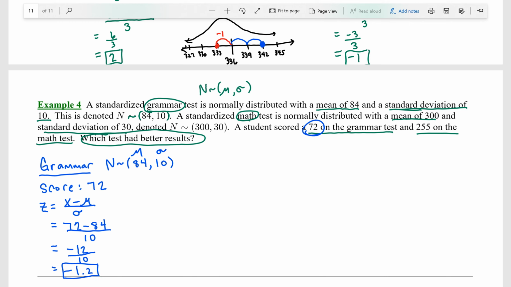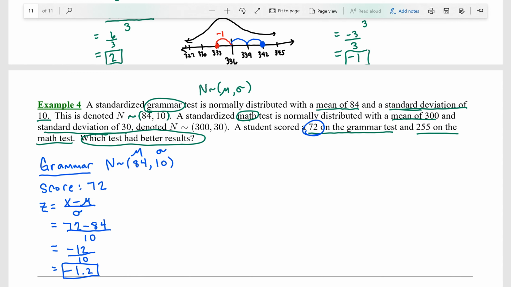So that means that this particular student was 1.2 standard deviations below the mean. Remember, the mean describes the measure of central tendency, where most of the test scores tended towards. This student was a little bit below average, 1.2 standard deviations below the mean.